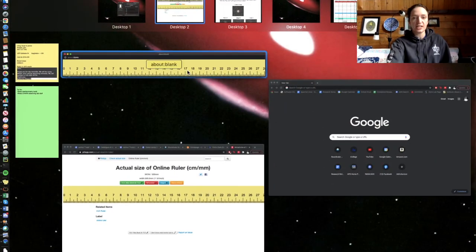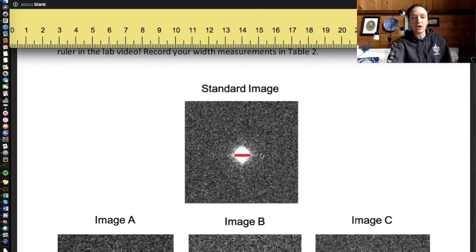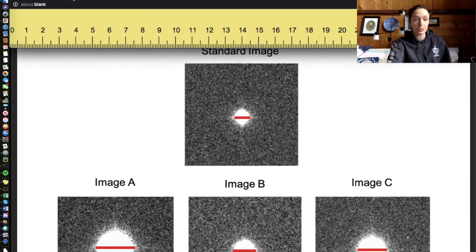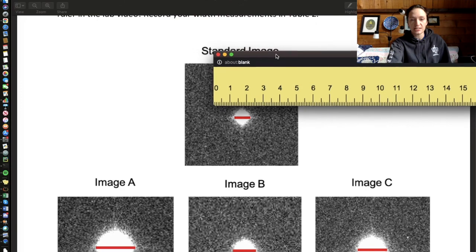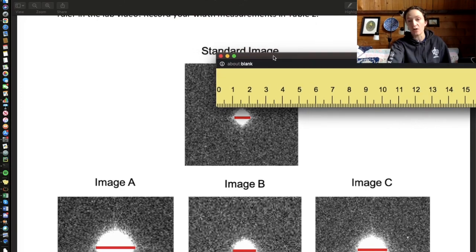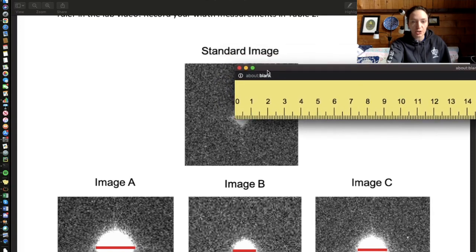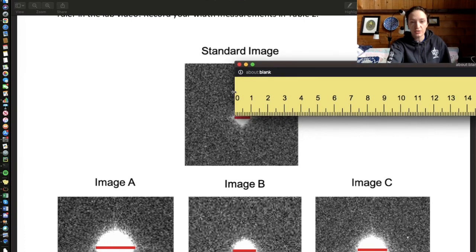Then you want to take that pop-up and move it onto the desktop or just on top of the lab that you're using. What you're going to do is take this ruler and bring it down. Do not resize it at all. It's okay if it moves off the end of the page. You're going to line it up as close as you can, with 0 being lined up with the edge of the red line.